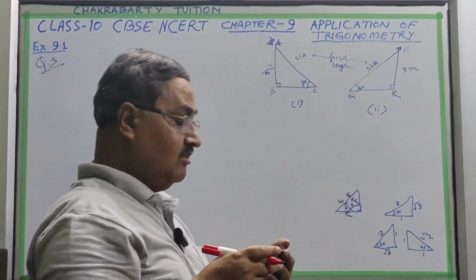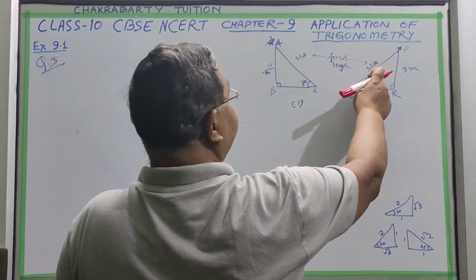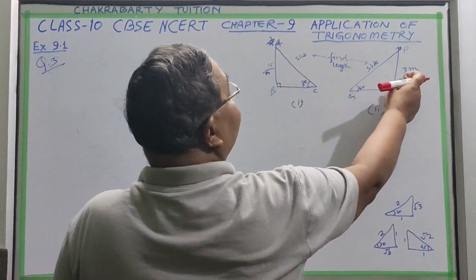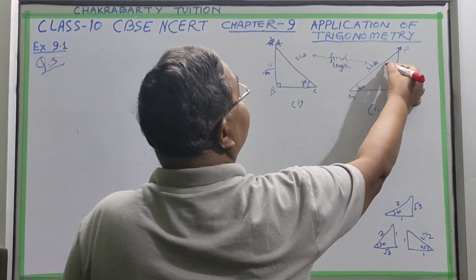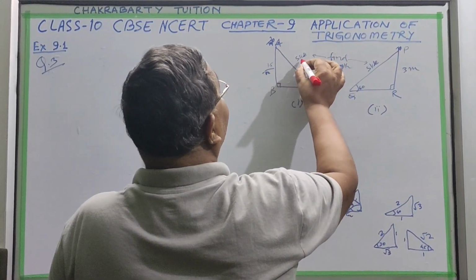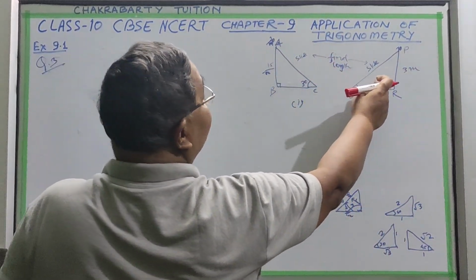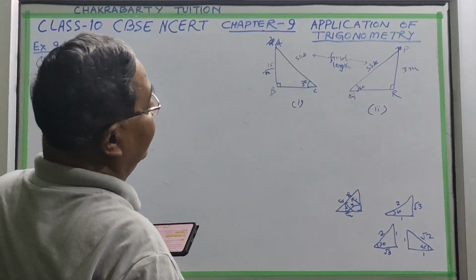What should be the length of the slide? The slide's length means this hypotenuse you have to find out. So here we can go with the relation from perpendicular to hypotenuse, so sin 30 degree and sin 60 degree we will find out.